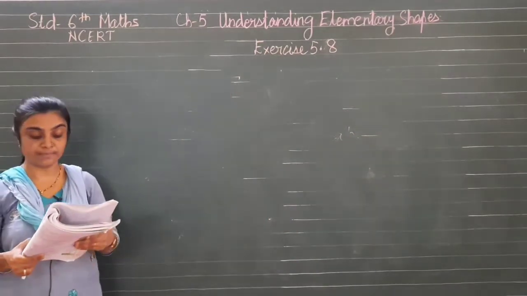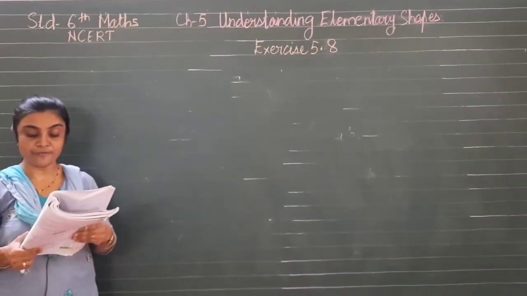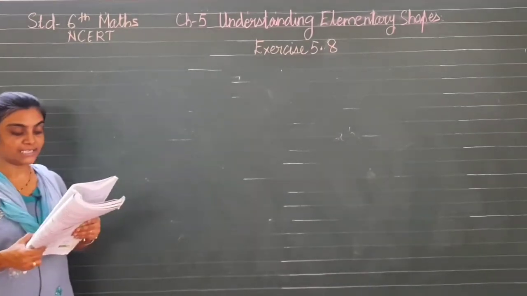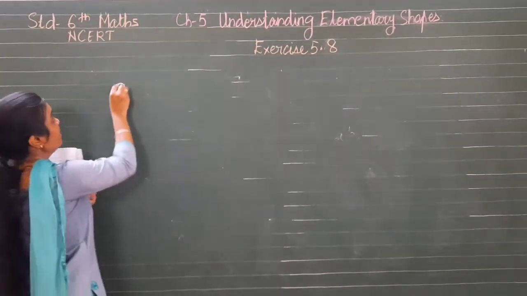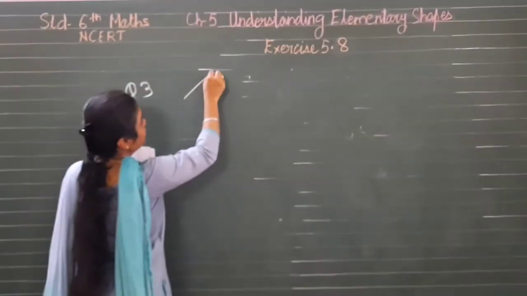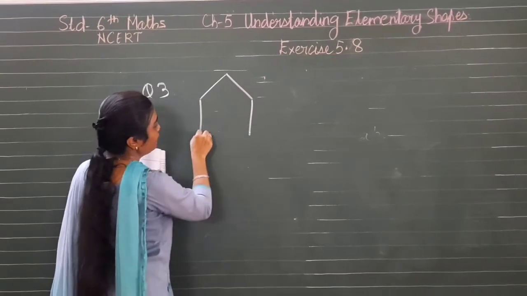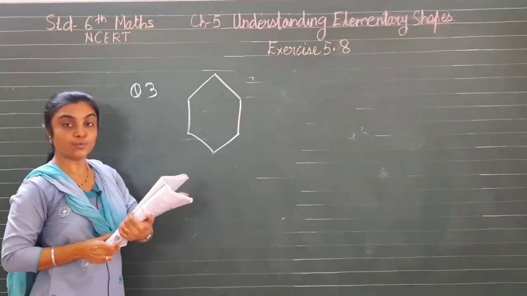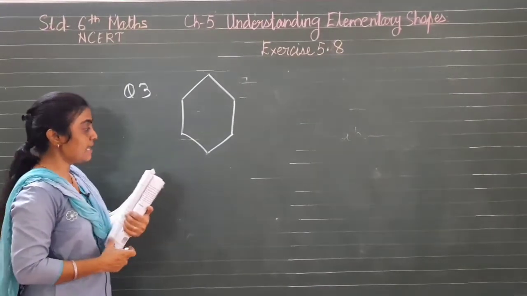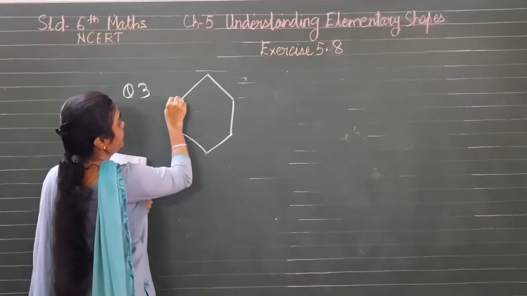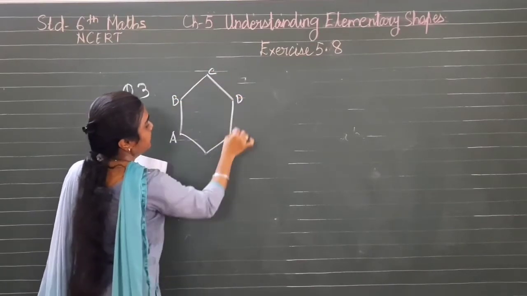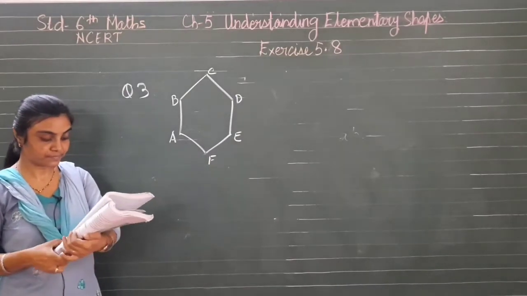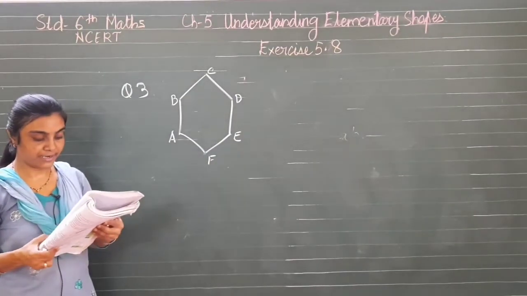Now let us see question number 3. Draw a rough sketch of a regular hexagon. As we know that a hexagon has 6 sides, let us draw one rough figure of a hexagon. 1, 2, 3, 4, 5, 6. Connecting any 3 of its vertices. So before connecting the vertices, let us name it A, B, C, D, E, F. Connecting any 3 vertices, draw a triangle.